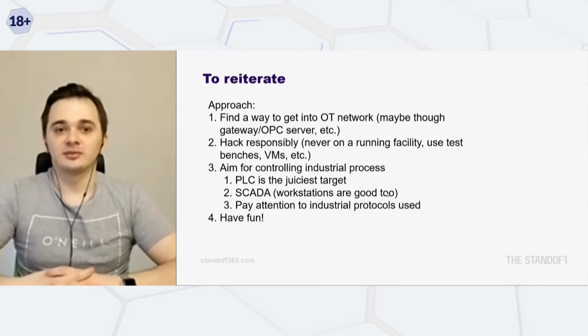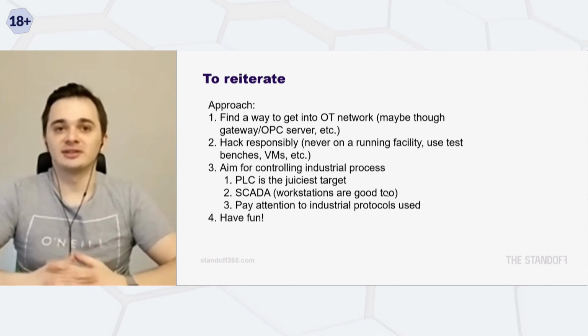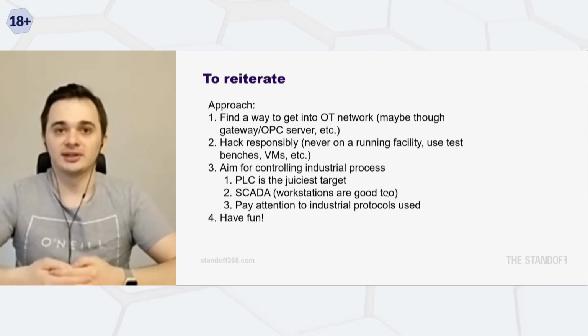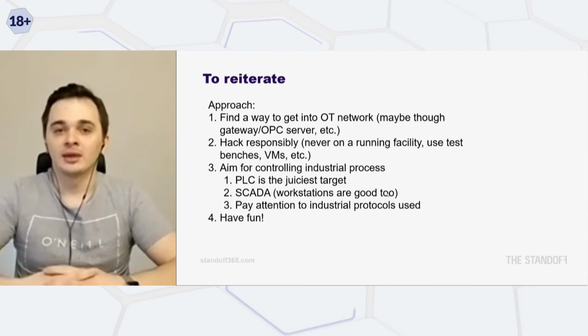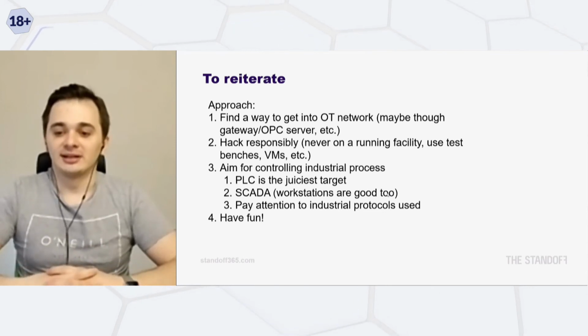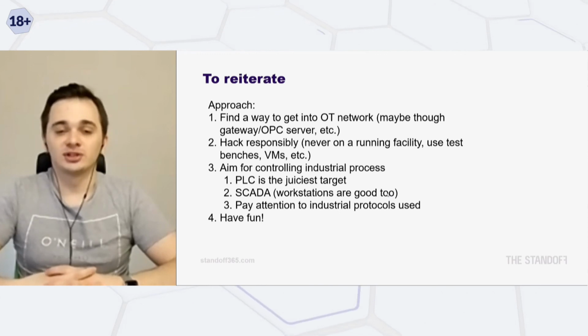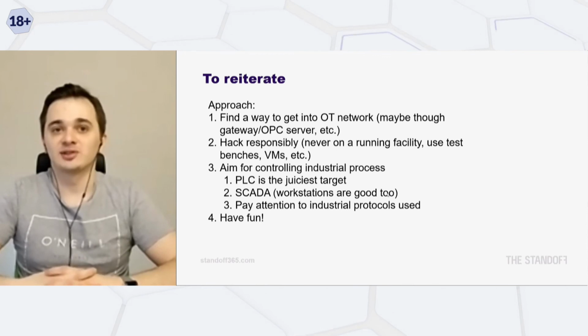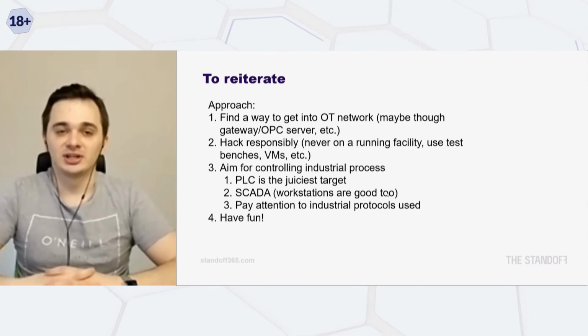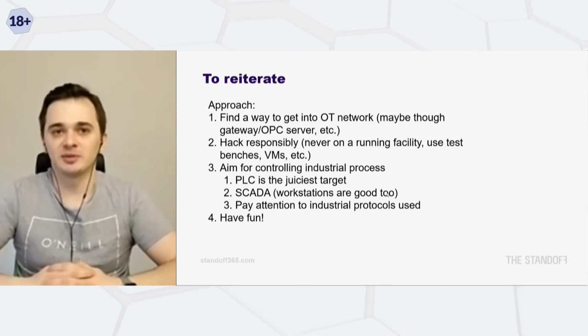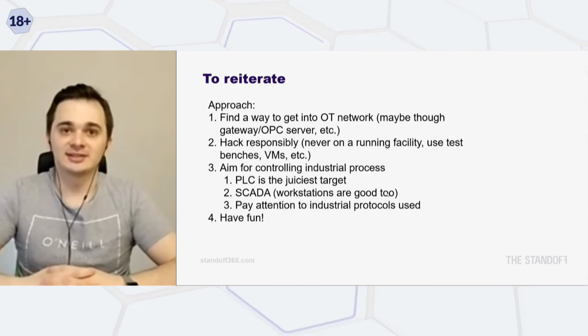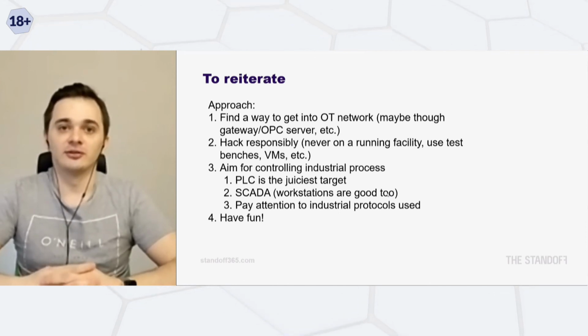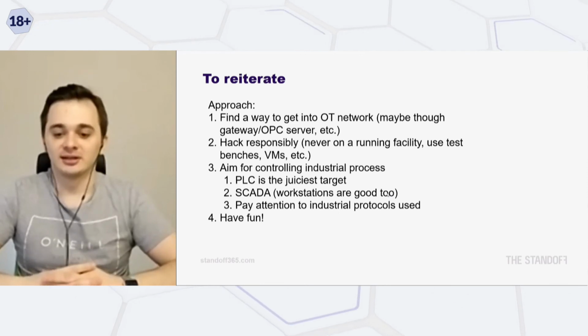Okay, let's review what we learned today. I hope that now you have a better understanding of how to approach an ICS. If this is your assignment, first you have to find a way into the process network, a technology network. Maybe you will do it via some kind of gateway, like the OPC server. Once you are inside, you need to be very responsible in all your actions.